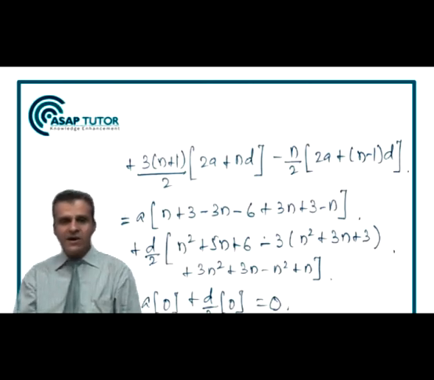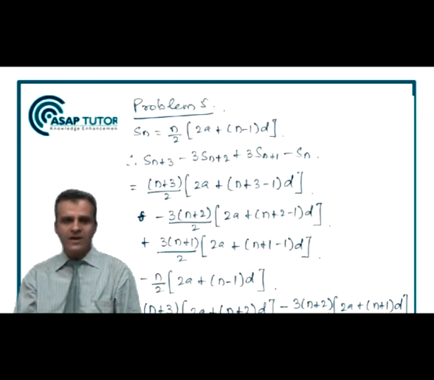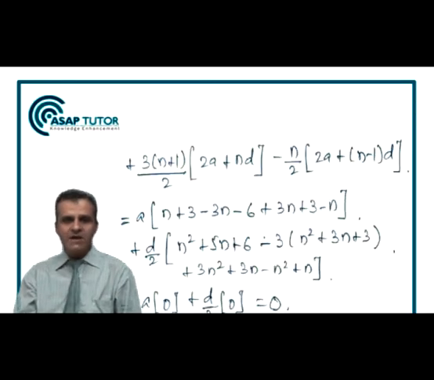Similarly, we can take d by 2 also common. If we take d by 2 common from the first one, we are left with (n plus 3) into (n plus 2). Similarly, d by 2 is taken from the second one, we are left with minus 3 into (n plus 2) into (n plus 1). So similarly, if we solve, we get d by 2 into (n square plus 5n plus 6) and so on for all these terms.